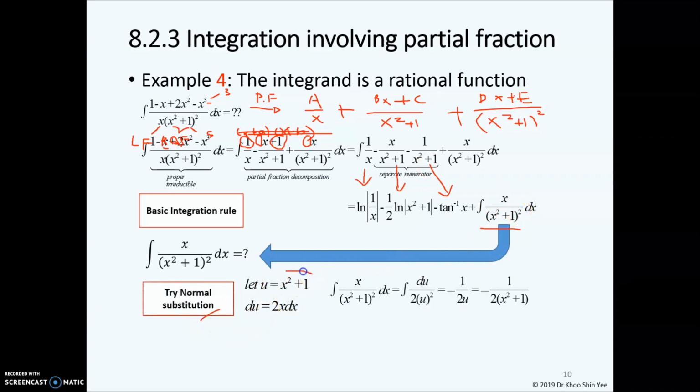As we mentioned, we can use the substitution to solve this. We substitute inside, this part will become u. So your du is equal to 2x dx, so dx is du over 2x. We can substitute this part with du over 2x, and therefore your x can be cancelled off. You just get the 1 over 2. So 1 over 2 u squared for this term. You can rewrite this term to be 1 over 2 u to the power of minus 2 du.